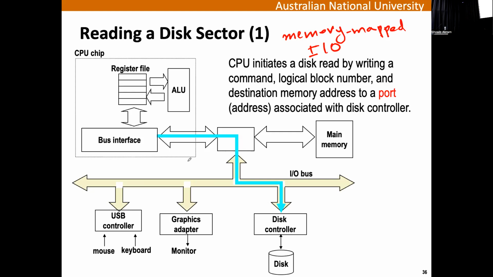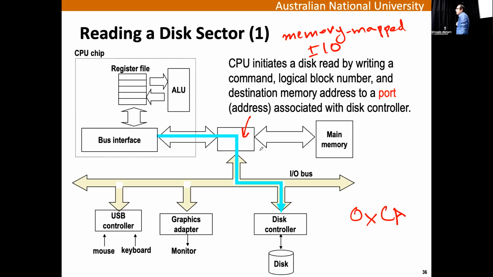And we call each of these addresses an I/O port. So there is a special address that is reserved for communicating with the disk, it doesn't matter what it is. And when the I/O bridge sees that address, it knows, oh, this is an I/O port. I don't need to go to memory. I need to go to some I/O device. This is memory mapped I/O.